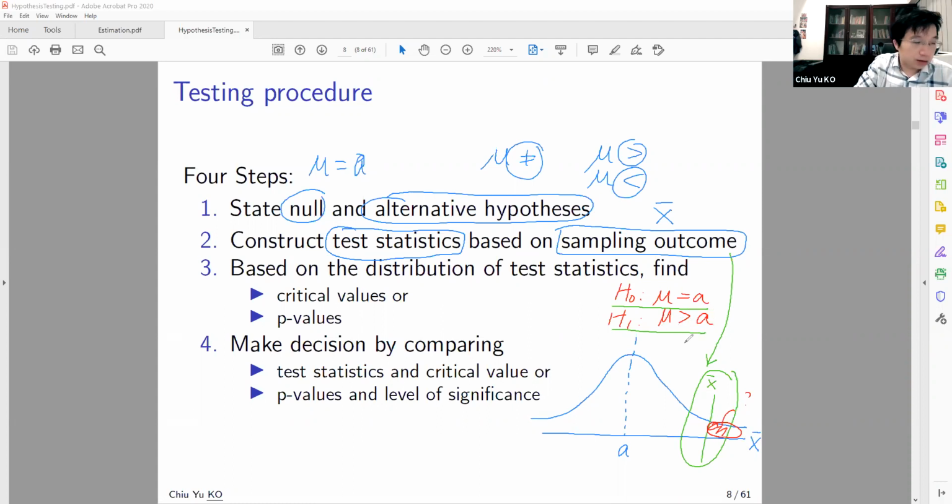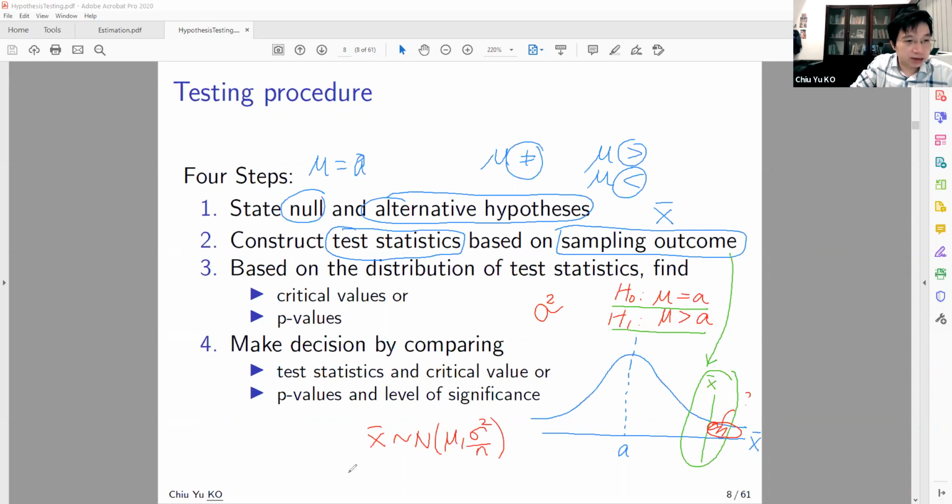If this is far, far, far away and this is super small, then we will say this cannot be true, okay? And how this looks depends on whether we know sigma square. If we know sigma square, we have a normal distribution with mean mu and variance sigma square over n, right?